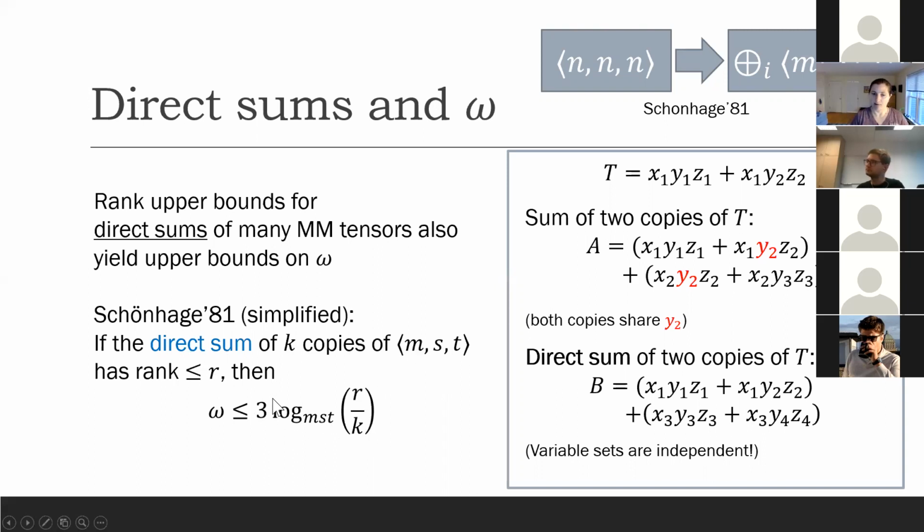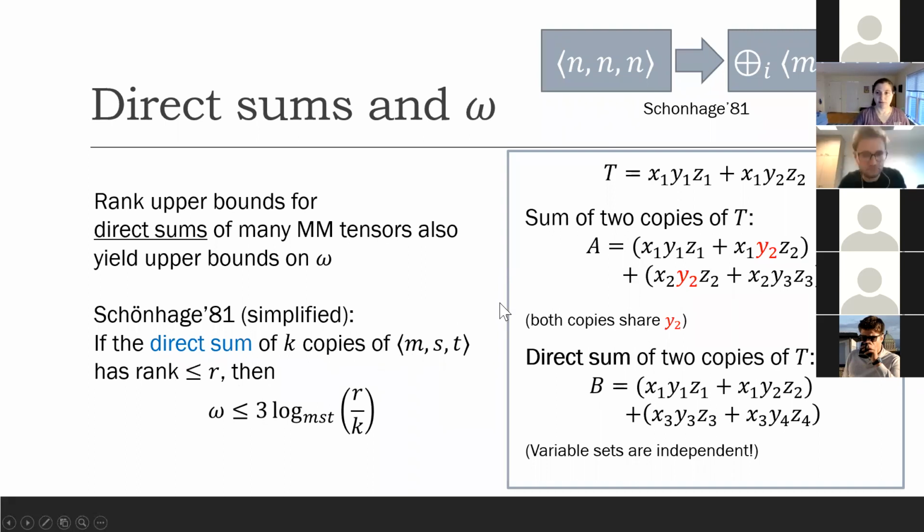It's as if you're getting to average out the rank over all these copies, even though your rank is only for computing their direct sum. This is actually interesting because sometimes you can get a better bound on the rank for a direct sum than by computing them individually. It's surprising that you can get a better bound for the sum than the sum of the ranks.